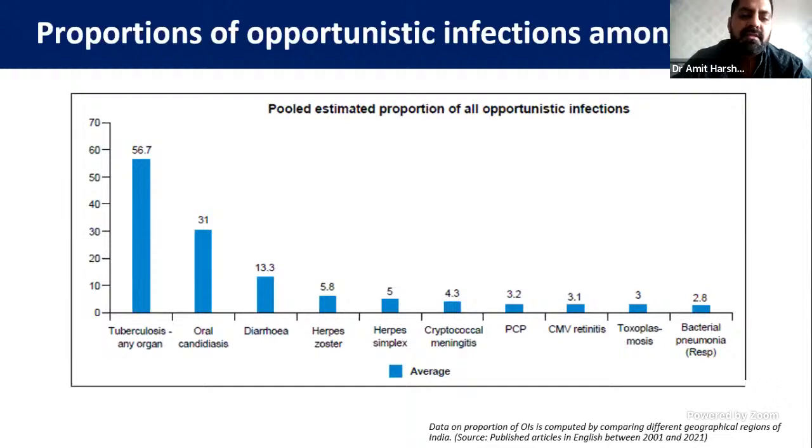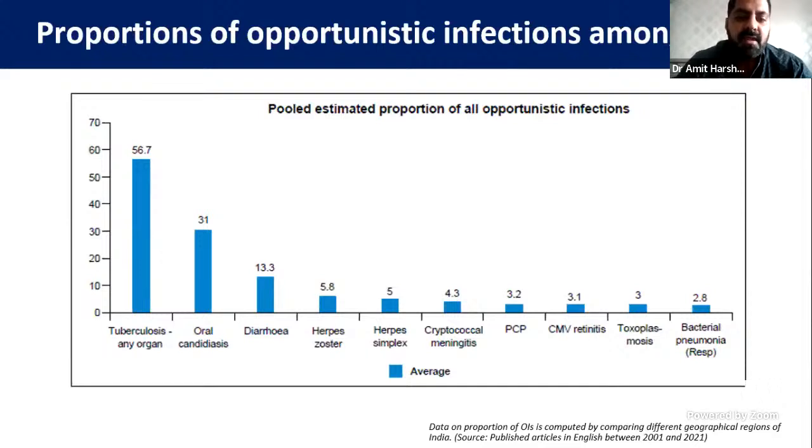For ease of following by the ART center staff, it is given as one standard point measure. The most prevalent opportunistic infection among PLHIV is tuberculosis, followed by oral candidiasis and diarrhea, then herpes zoster, herpes simplex, and cryptococcal meningitis. The list follows from there: PCP, CMV retinitis.